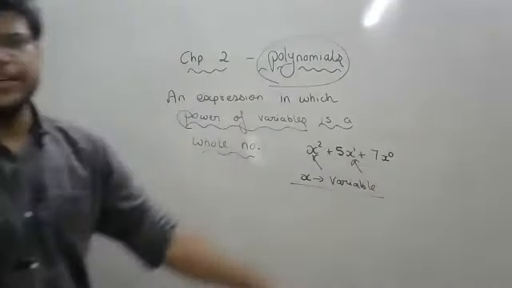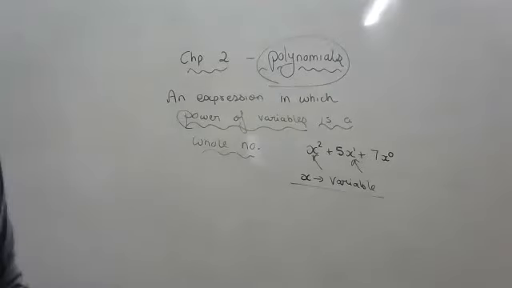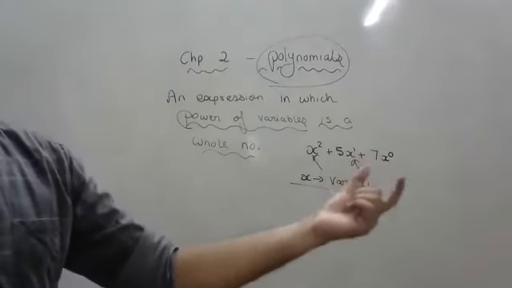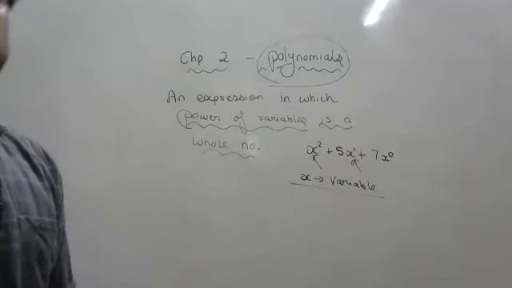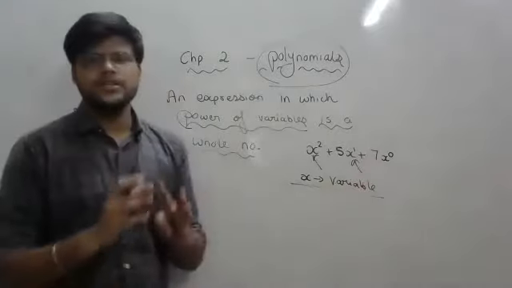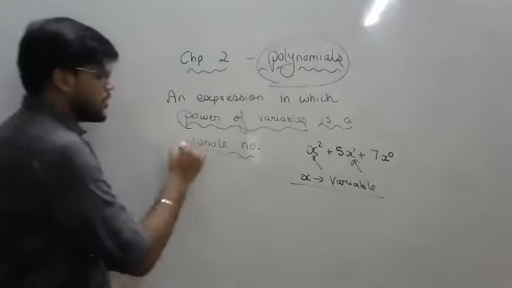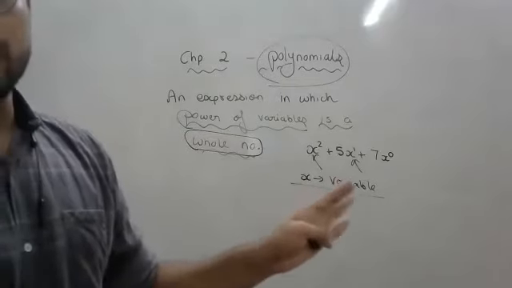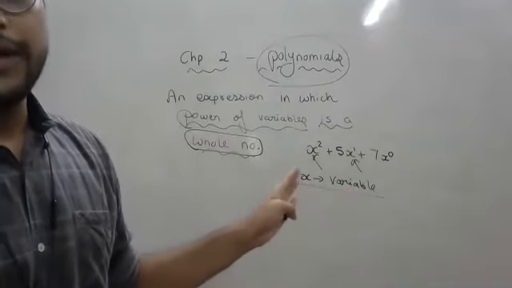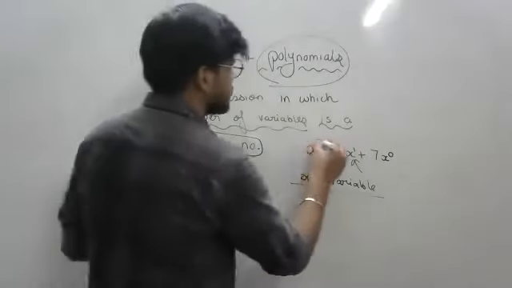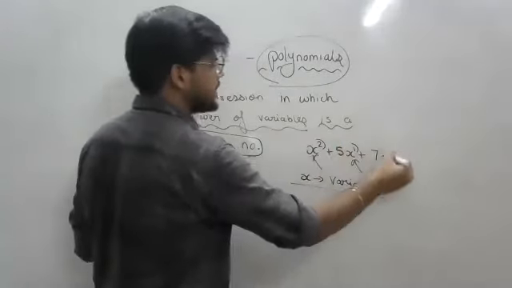It's not compulsory to write, just for explanation purpose, I am doing it this way. When you are not having variable in a particular term, that means power of variable in that term, if it is there, it would be 0. So you can clearly see in all the 3 terms, power of variables are whole numbers. यहाँ पे जो power it is 2, here it is 1, and here it is 0.